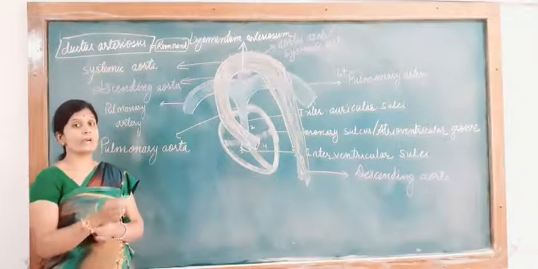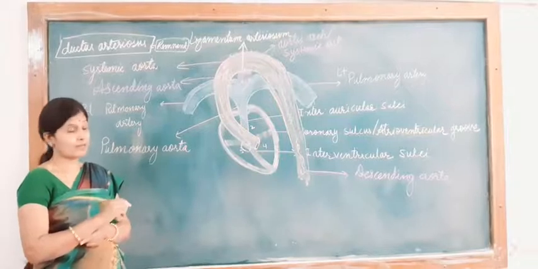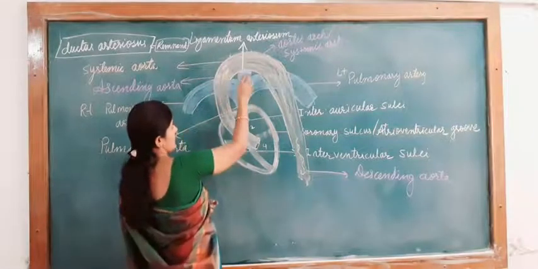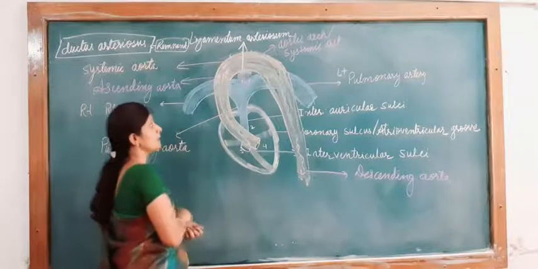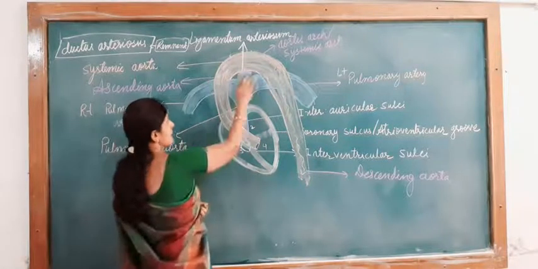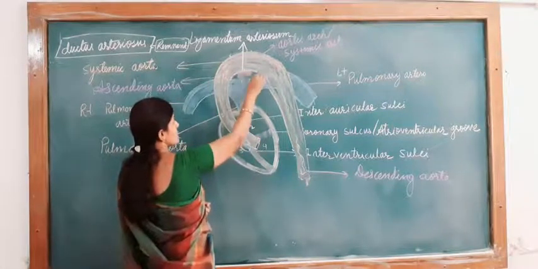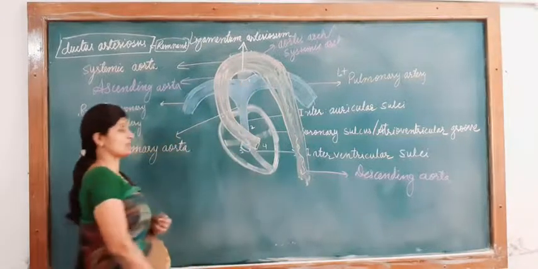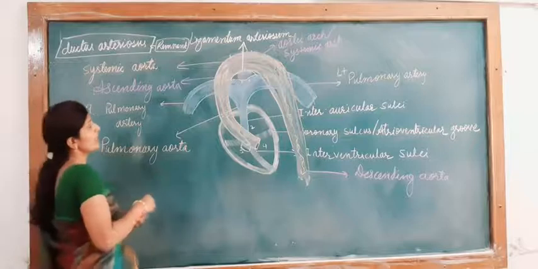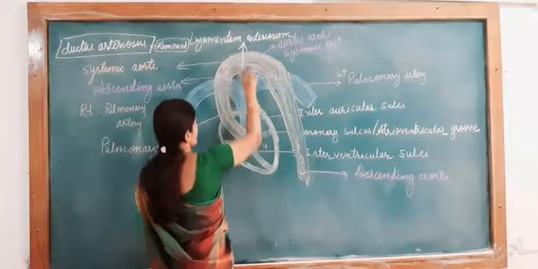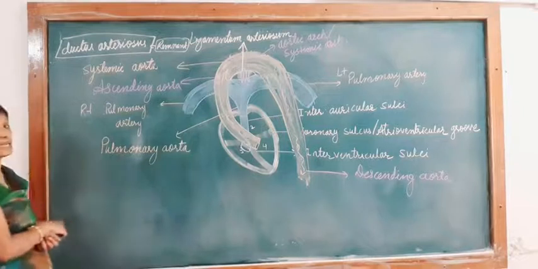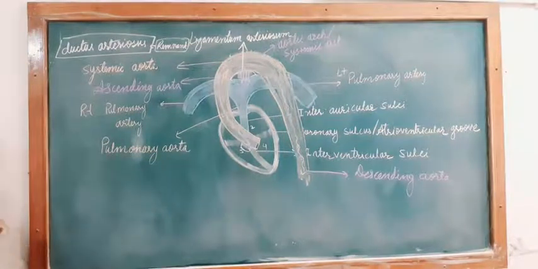That disease is called blue baby, if it fails to close. So anyhow, immediately after the birth, this duct gets closed. So the ligamentum arteriosum, this connection, is the remnant of the ductus arteriosus. This is part of the heart.